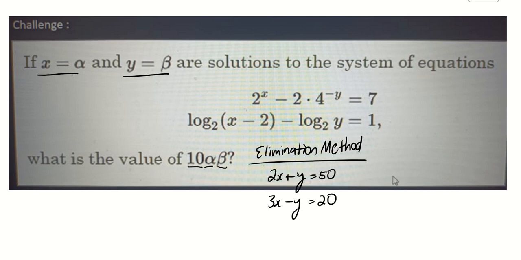So we've got two really common methods to solve simultaneously. Taking you back to year 10 maths, if I had these two equations using the elimination method, I would have a go at adding the two equations together and get 5x, eliminate the y's, equals 70, and be able to solve for x from there.